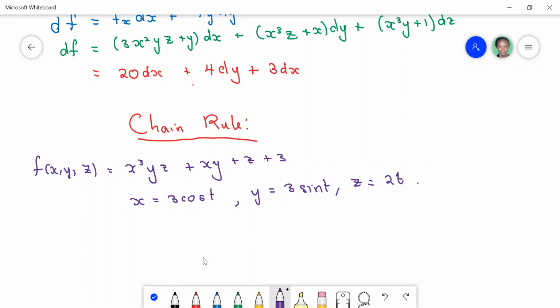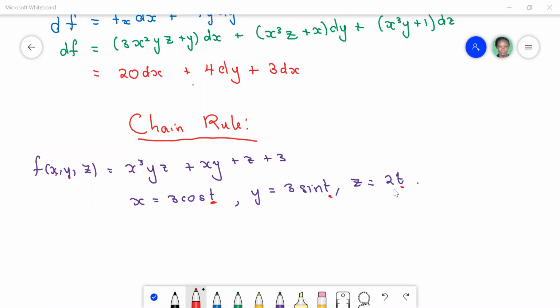You realize that our initial function is a function of x, y, and z. But x is also a function of t, y is a function of t, and z is also a function of t. So it means that f as well is a function of t.